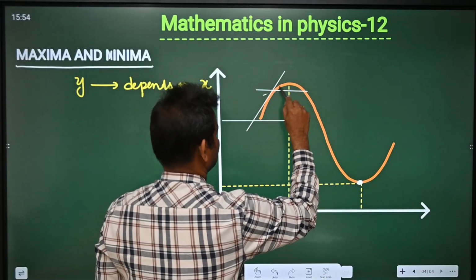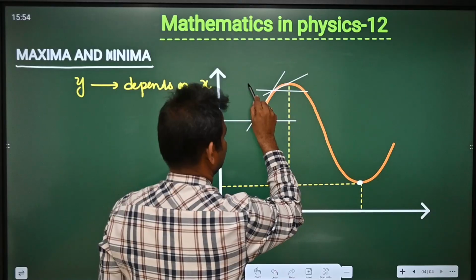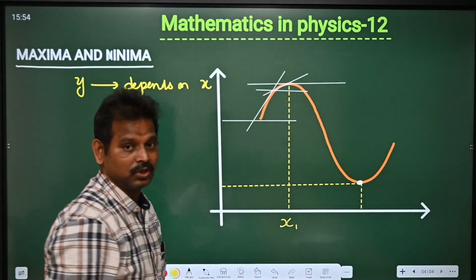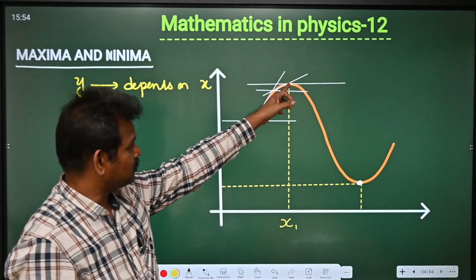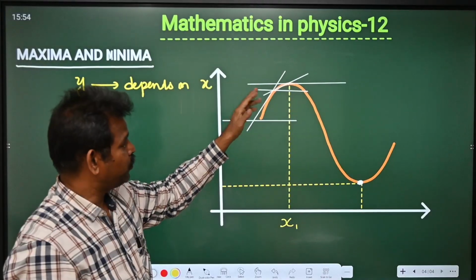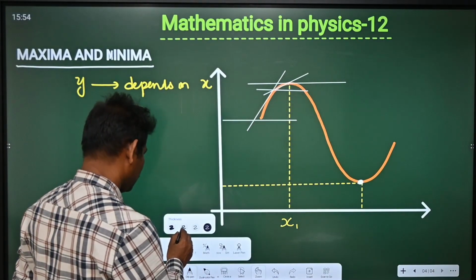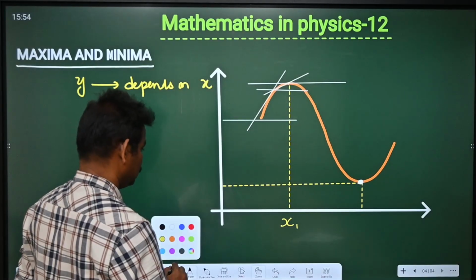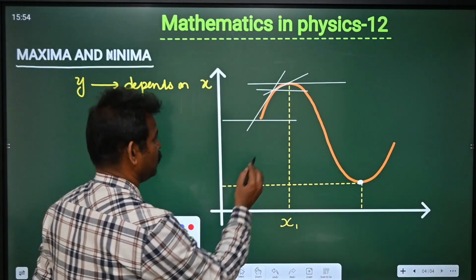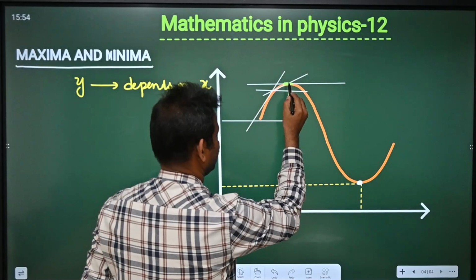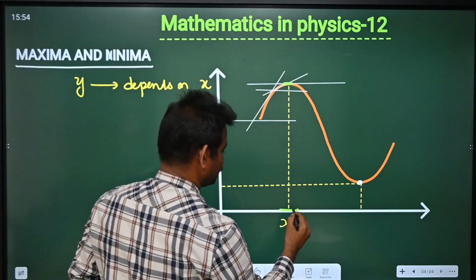Similarly here, the slope is decreasing. Here, the slope is 0. At the maxima, this point is called maxima, slope is 0. That means it is not making any slope at this point. This is parallel to x-axis.